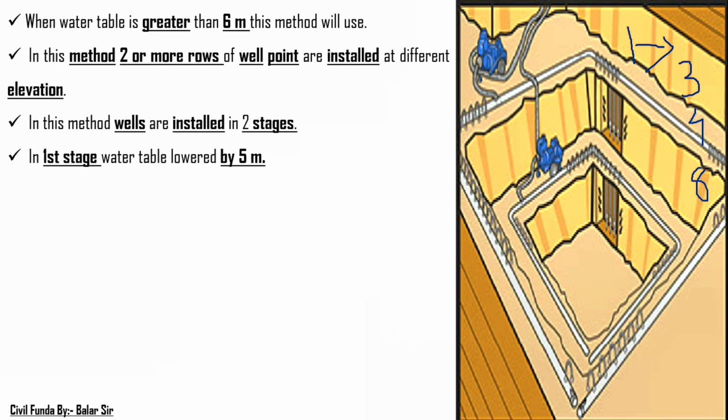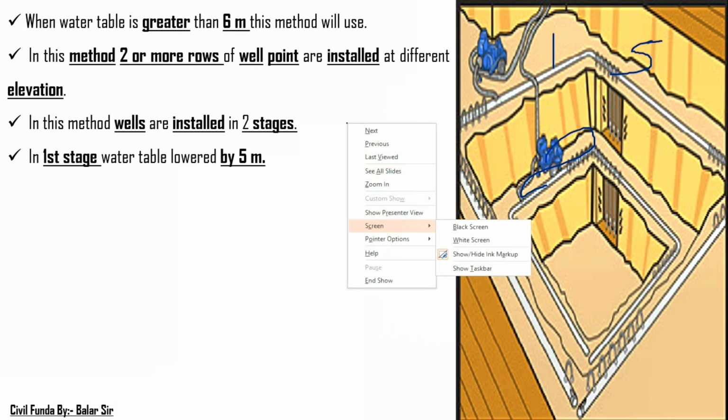What? Each and every stage must be changed when you lower the water by 5 meters, or indirectly we also say each and every stage lowers your water table up to 5 meters. Like, sir, can you explain in a very easy method? Yes. Consider this is your excavation site.